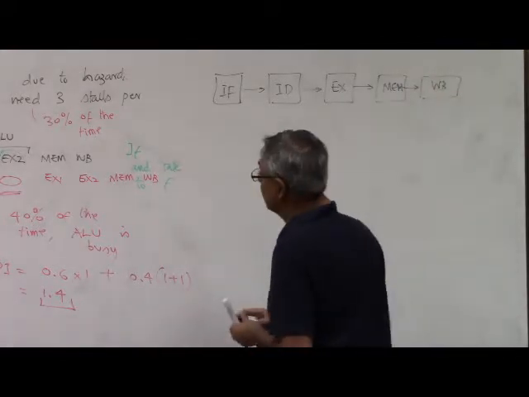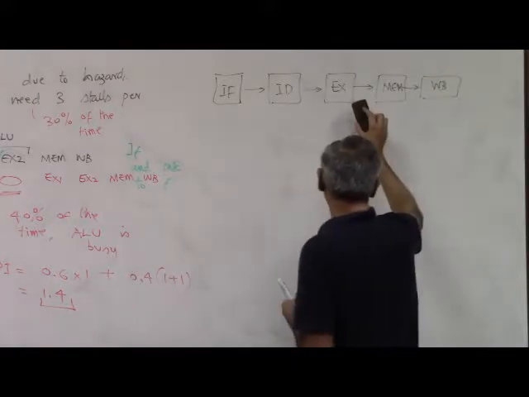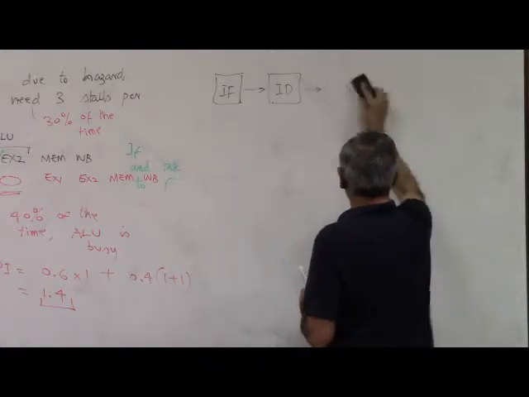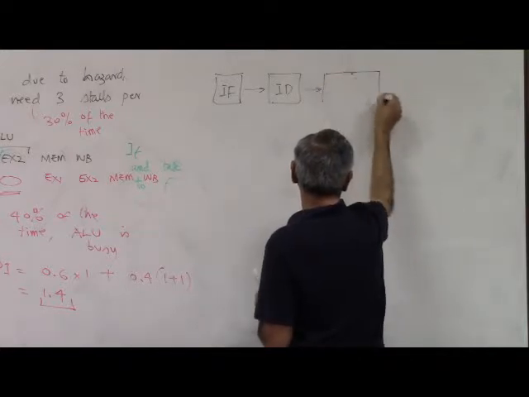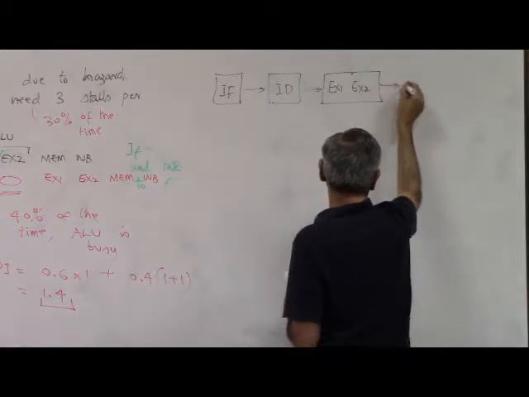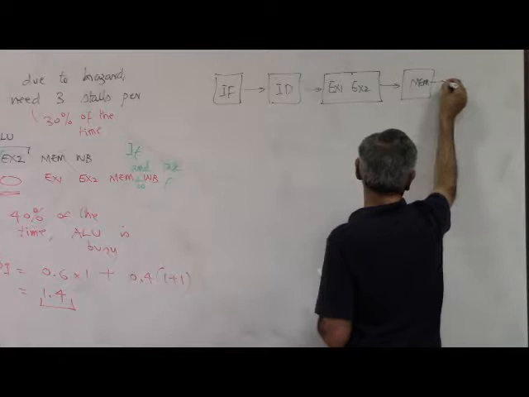Now because we are assuming the ALU is slow and takes 2 clock cycles, I'll replace this by EX1, EX2, MEM, and write back.